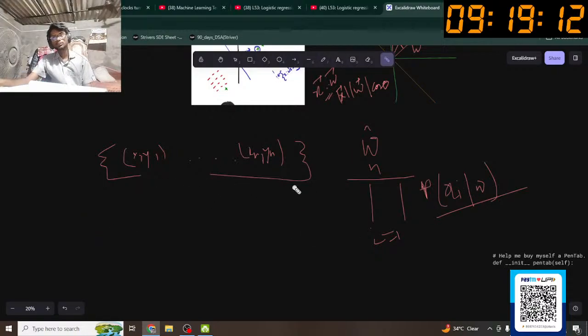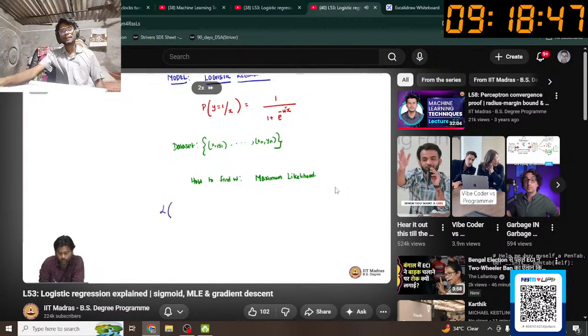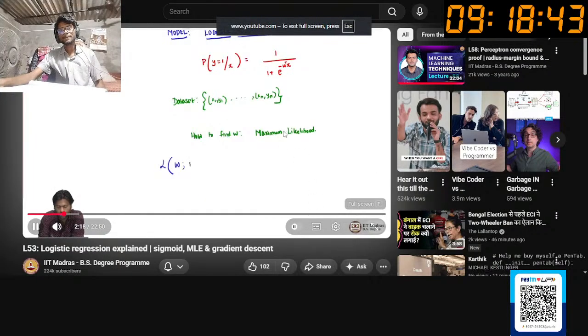So there is nothing so mysterious or to be tense about. You just need to remember this expression: we are just finding the probability of the data point given w, and the product of these is the likelihood. Simple concept. We should know how to do maximum likelihood: write down the likelihood function. The likelihood is a function of the parameter I'm trying to estimate, in this case w, and the data.